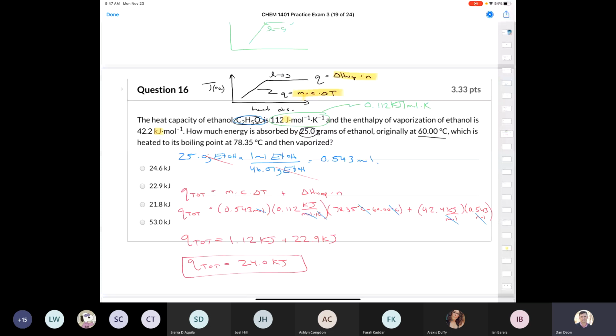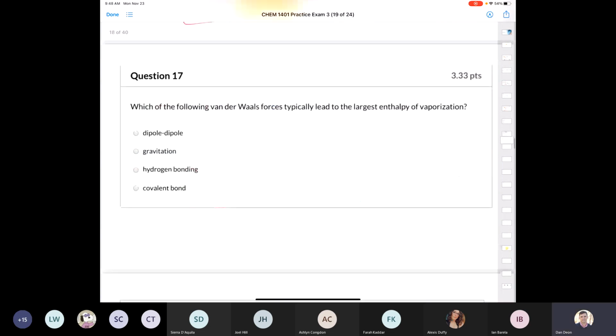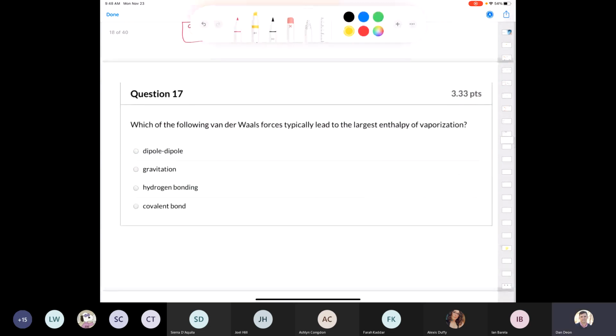Is that not one of the answers? All right, let's just move on. This is the right answer, 24 kilojoules. Looks like it's closest to this one here. I must have rounded off somewhere. All right, let's move on.